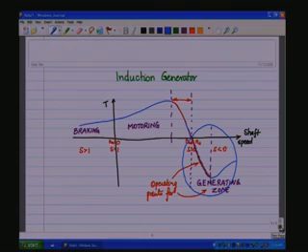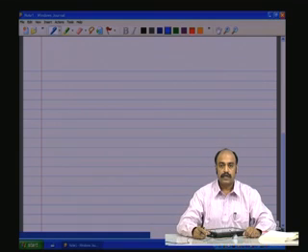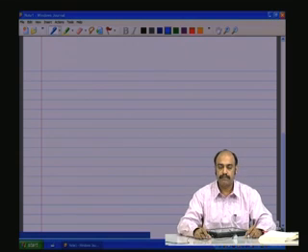because we want to see the way the induction motor can now be used as an alternating current generator, that is an AC generator. So the moment we say that we want to use it as a generator, the input power should be the mechanical power.